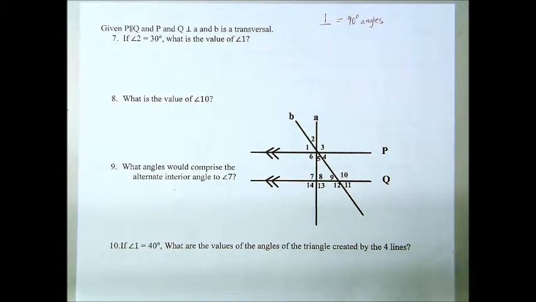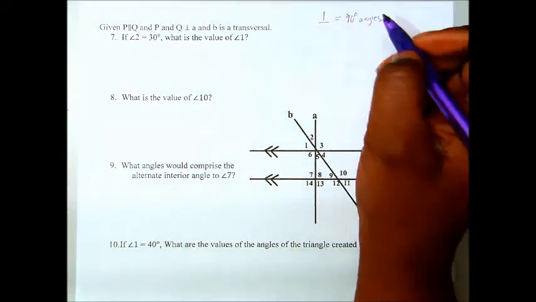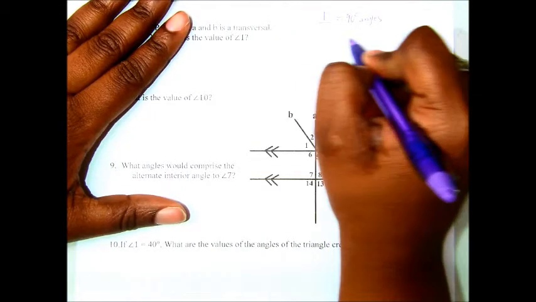Now, what I did with another student is I had them go through, and this might take a little longer, and use your rules, your alternate interior, alternate exterior. Use those rules to find out which angles are equal to which angles, then go in and fill out the information, all right? So I'm going to make a little chart right here.